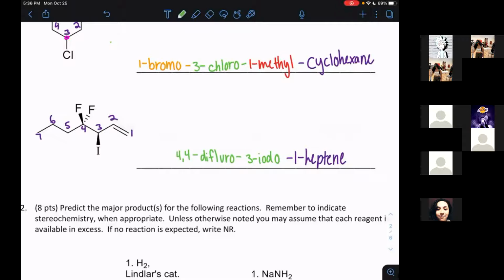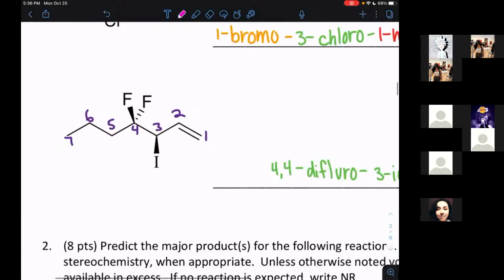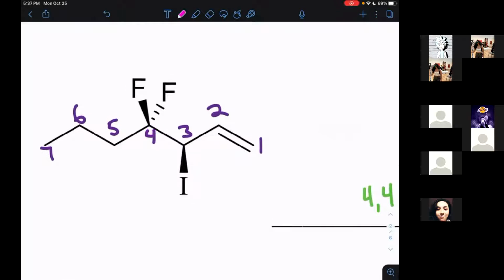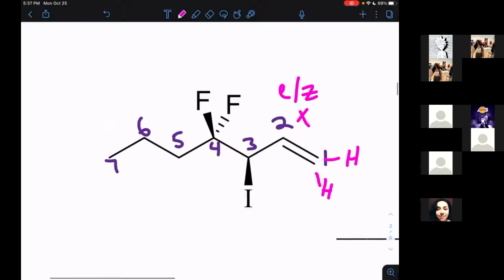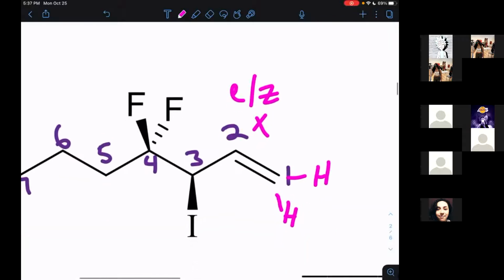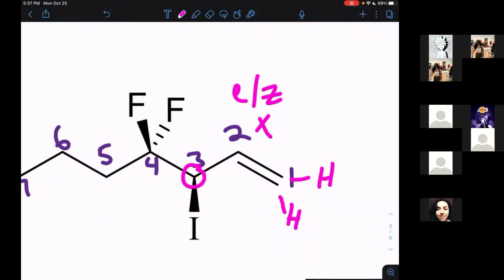So there's that. And then we do have wedges and dashes for this one. This one's not going to be a chiral center, so it's not R and S, but this one is. Oh, and then this is also, there's a lot. Okay, wait. First of all, I was looking at this double bond. You can't do E or Z because these are both hydrogens. So we don't have to look at that one. This one's easier for me right now.